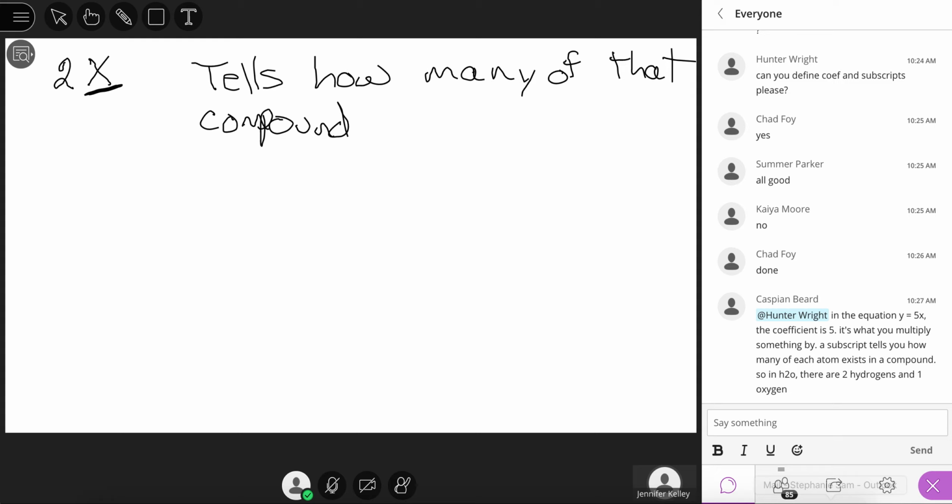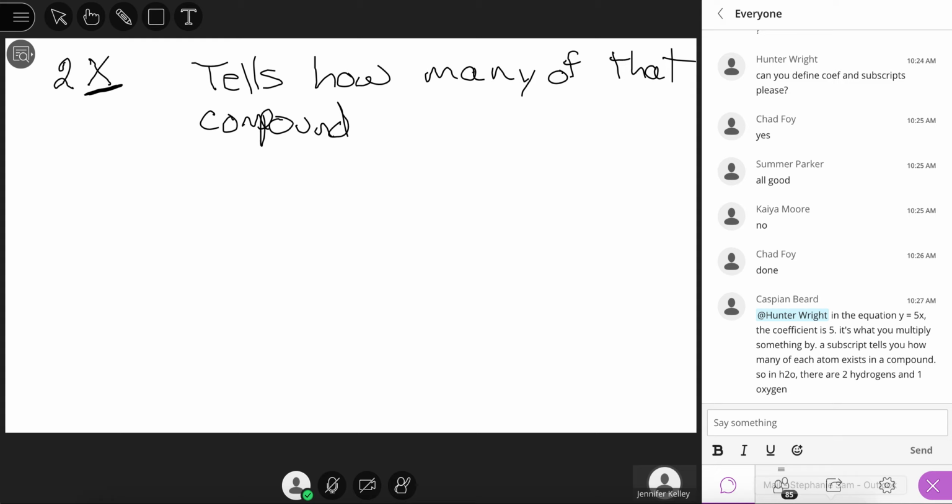So it'll tell how many of that compound. Correct. Caspian's got it. All right. So let's do some examples. It'll be a little more clear as we go through the examples too.